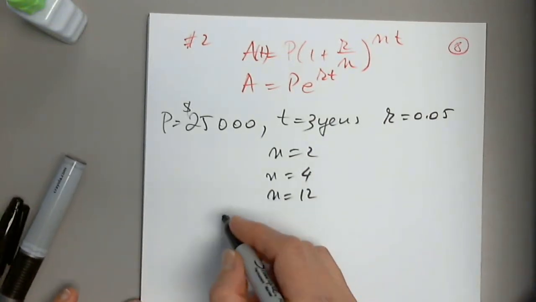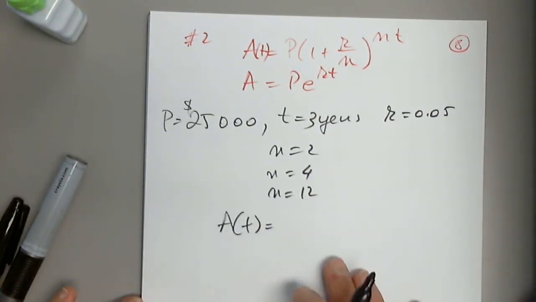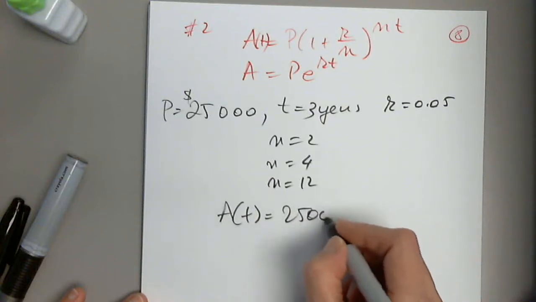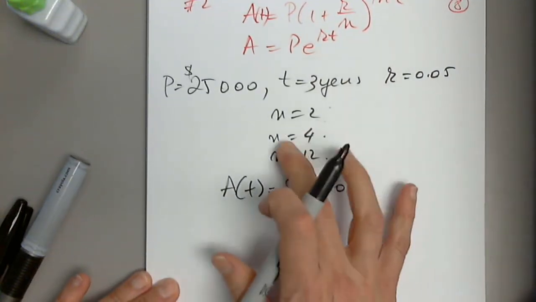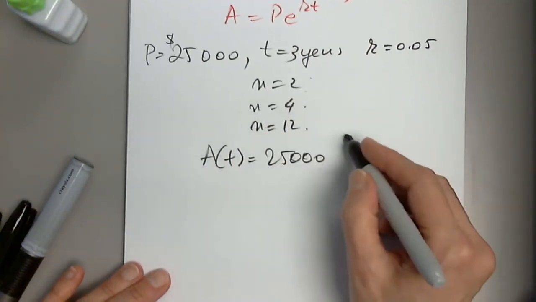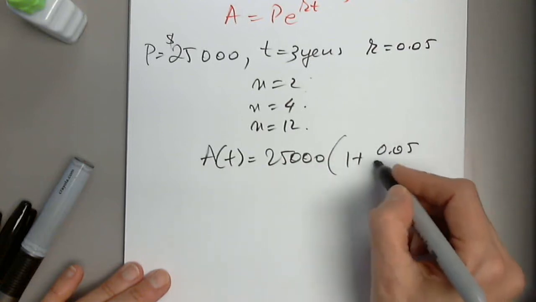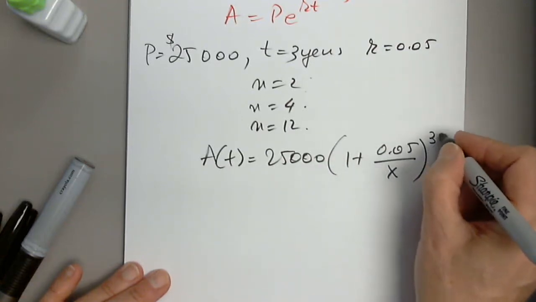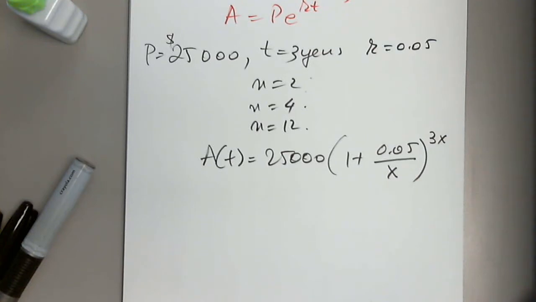I recommend putting this formula in the graphing calculator as 25,000 because this changes. I make this into x. So 1 plus 0.05 over x raised to 3x. So I recommend that. So let's do that.